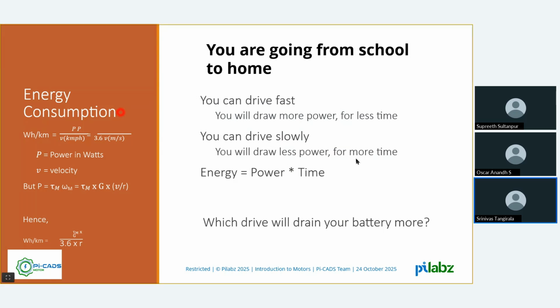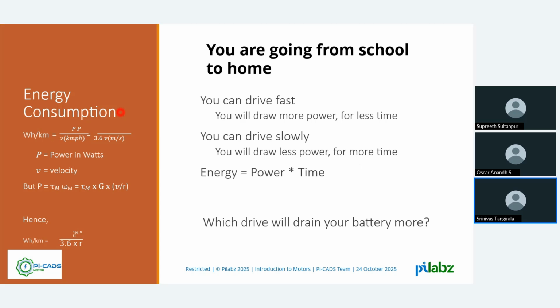But as much as possible, if you maintain a constant speed, you will not drain your battery more, because if you accelerate, it draws more power from the battery and the battery will drain faster, right? So you have to draw less current so that you can reach in time, and also it'll draw less power from the battery. So that is what you think about it.